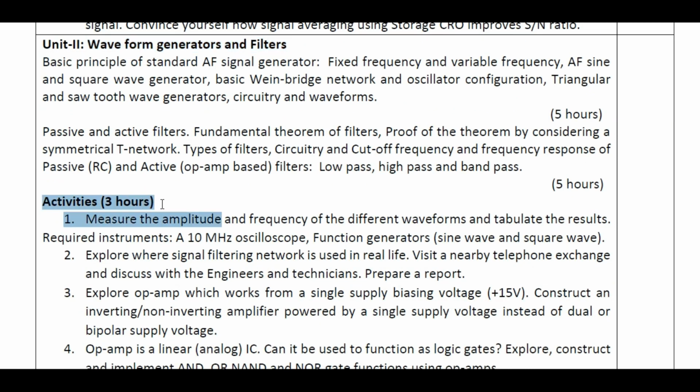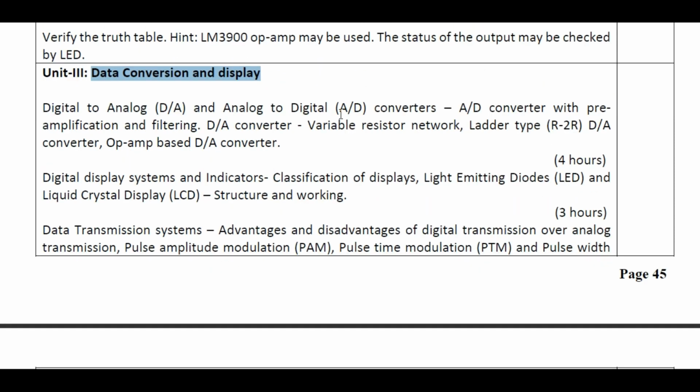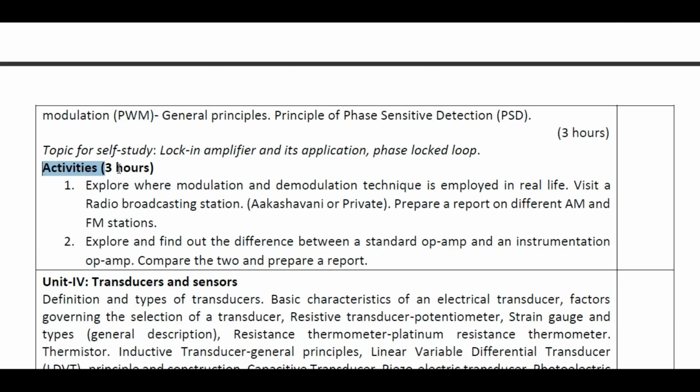These activities are for 3 hours. The third unit is on data conversion and display: digital to analog, analog to digital, AD converter with pre-amplification and filtering. Based on this topic, activities are also mentioned.